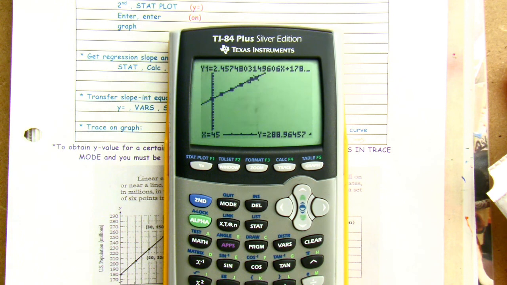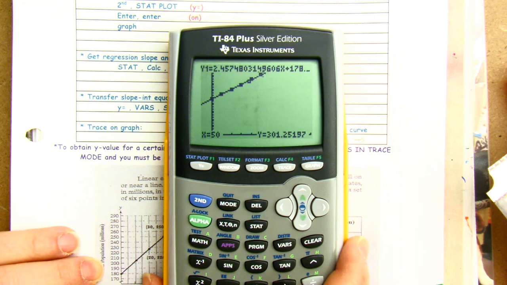So if I'm in trace mode, I could just type in an x value of 50 and hit enter. And when I do that, it's going to give me the y value. So the y value looks like it's 301.3 if I'm rounding to the nearest tenth.